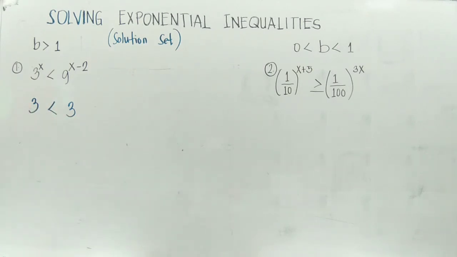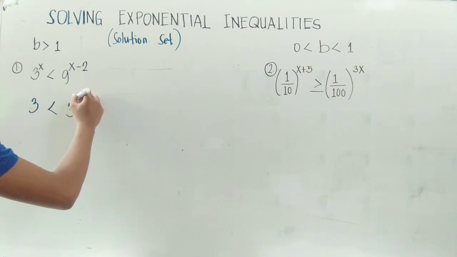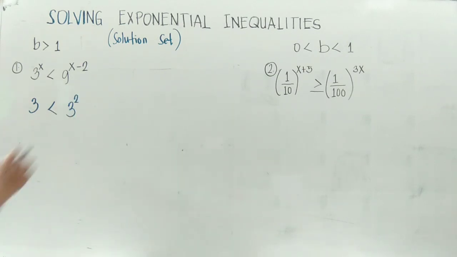We have base 3 in here, then we have 9. Of course, we can write 9 in exponential form with base 3, or shall we say 3 squared is equal to 9. Following?